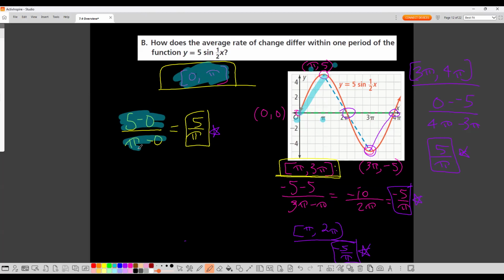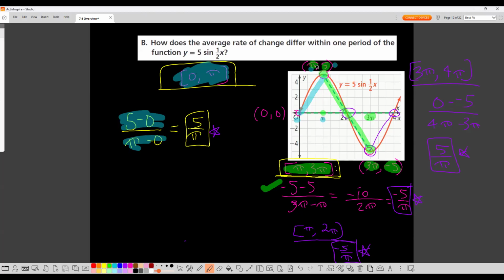If we wanted to look at a different piece of the graph, for example, let's say we're going to look from pi to 3 pi. So here's my pi, that would be this point up here all the way over to the 3 pi down here. So that was this blue dotted line they had on there. My y values there, the -5 and the 5, subtracted, vertical change over the 3 pi minus the pi.